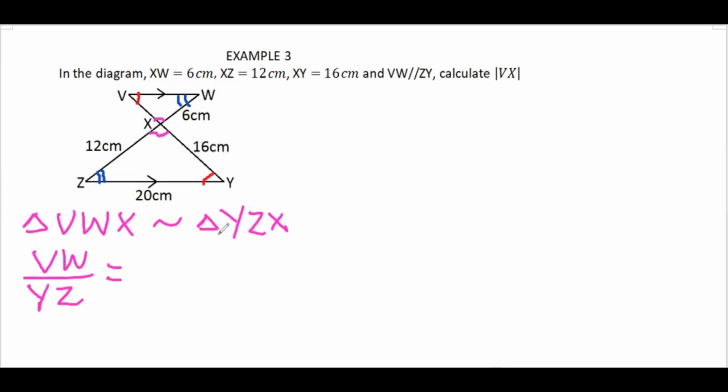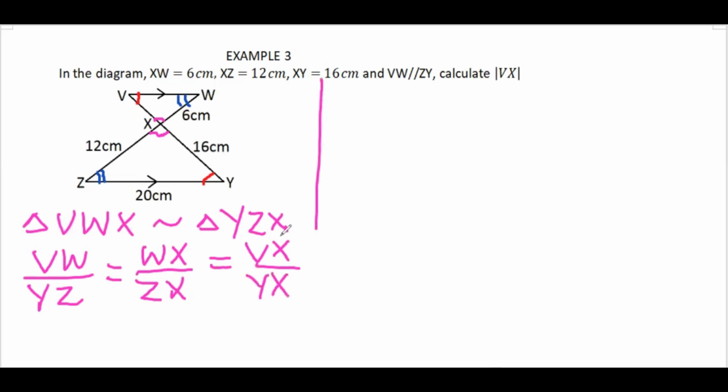So it will be YZ over VW equals ZX over WX, and so on. So I want to choose WX here now over ZX. Then VX over YX.